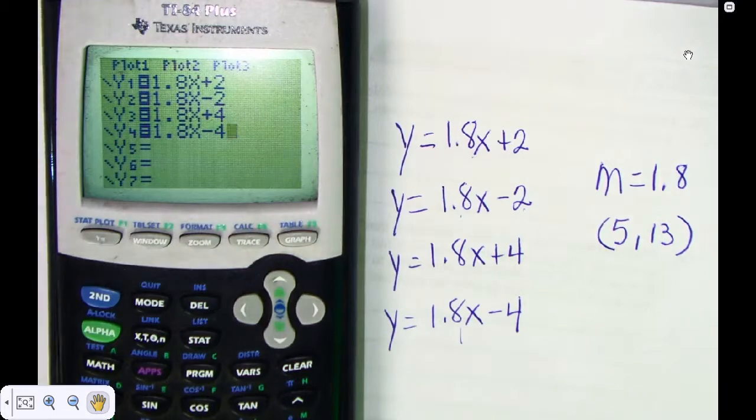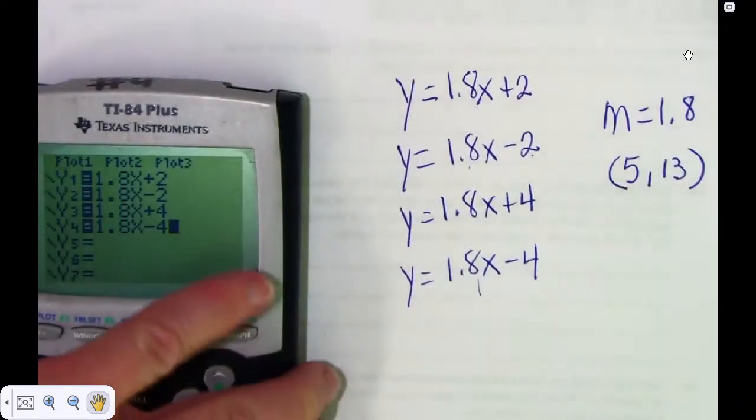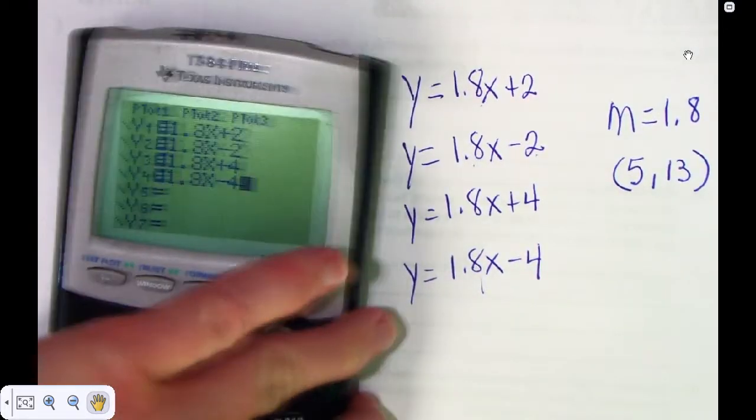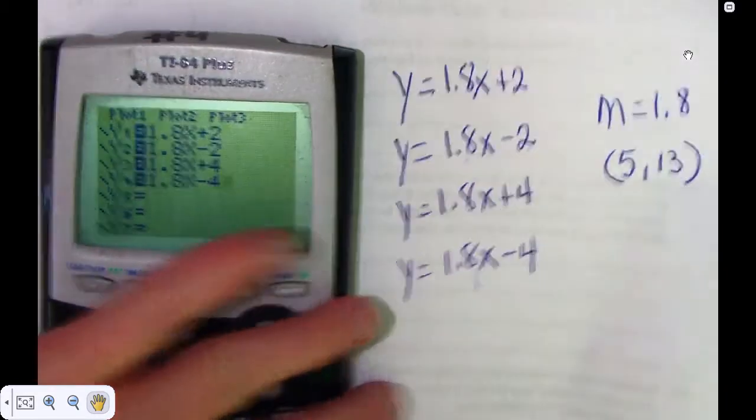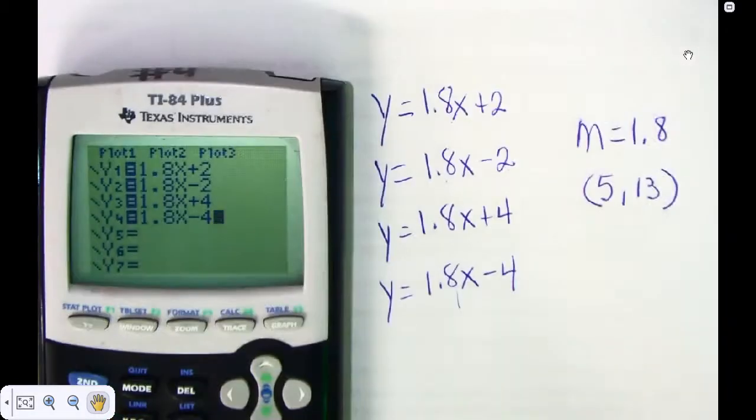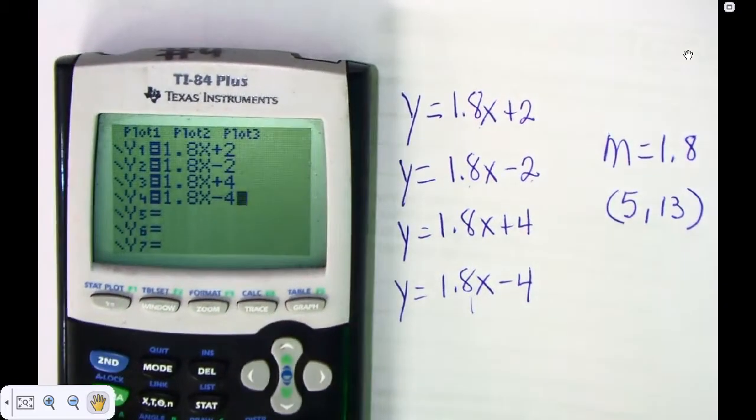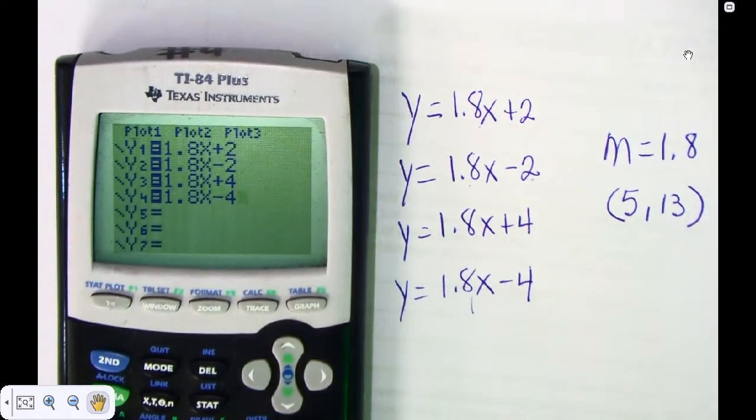If you can't see my calculator, look at the paper. So everybody has that on there. Everybody's good? We're all ready. Okay, everybody's ready? Okay.